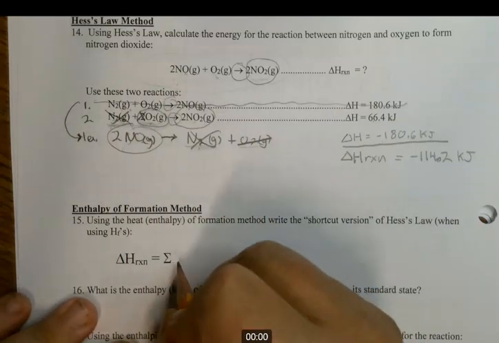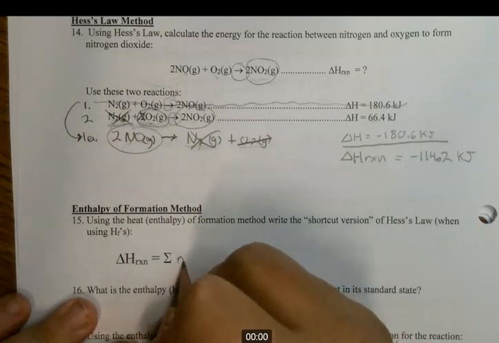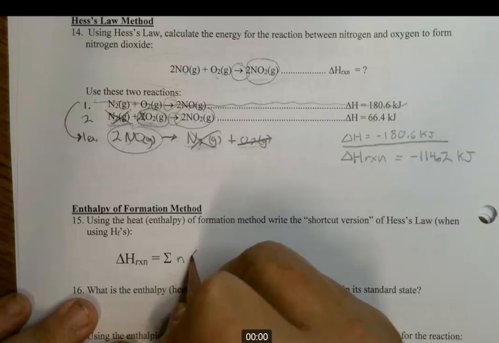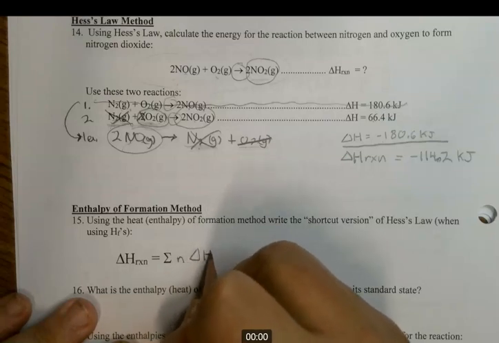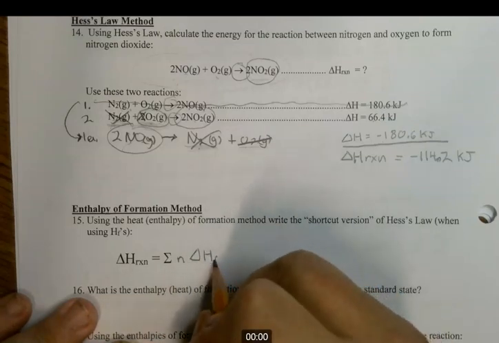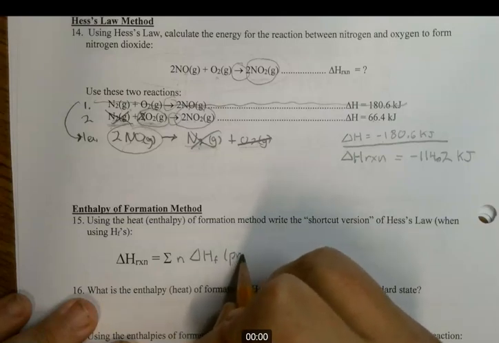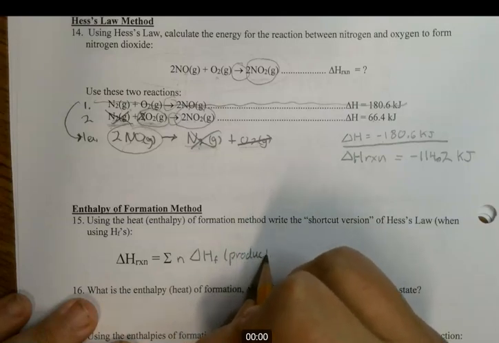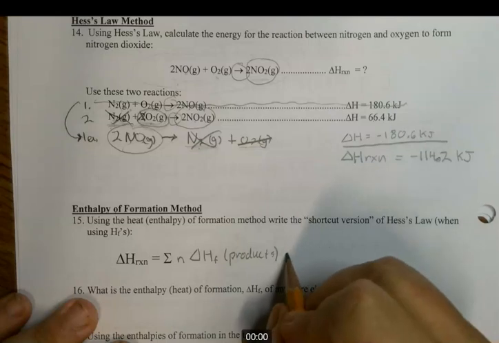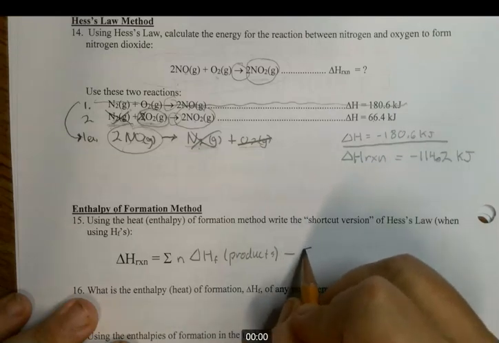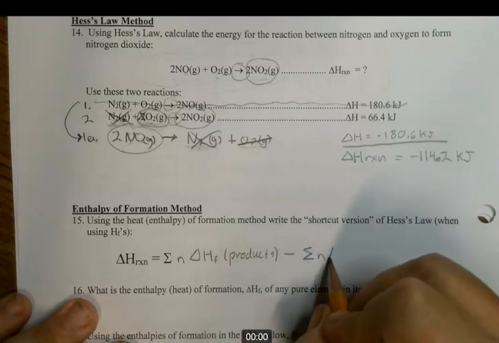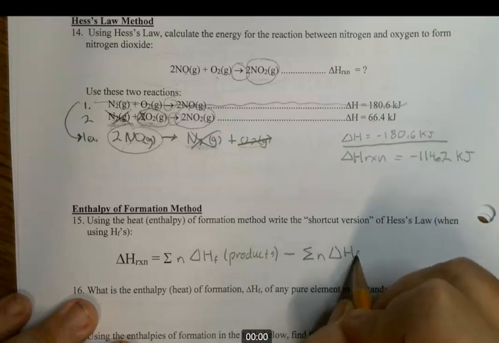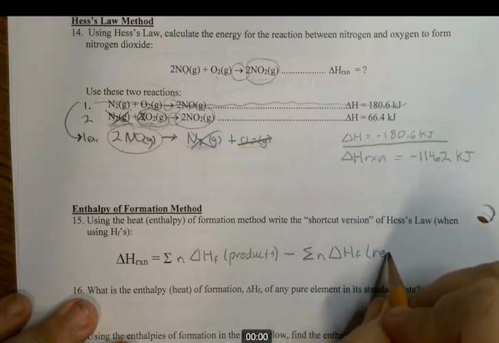So it's sigma n delta H of formation of products minus sigma n delta H formation of reactants.